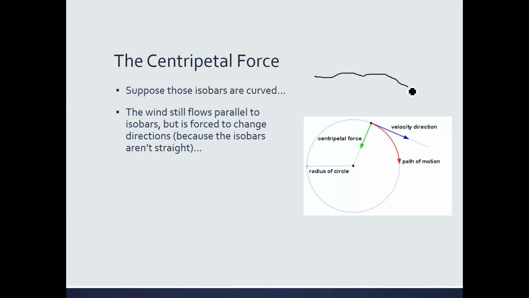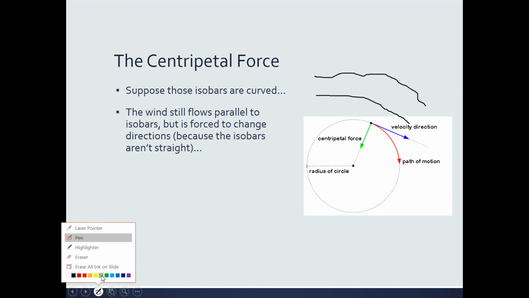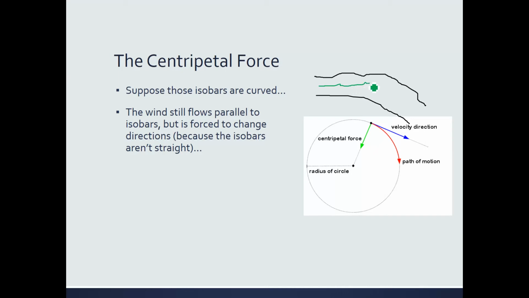So let me actually draw some curved isobars. So something like this. So here we have two curved isobars. And let me get another color here. I'll use green. The wind is traveling in one direction. Then when it hits those curved isobars, it also changes direction. It curves with those isobars.